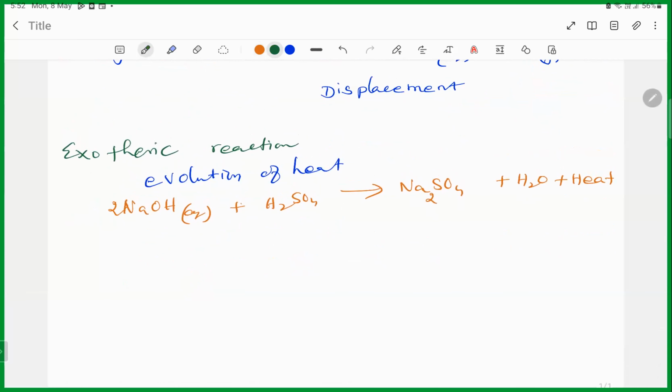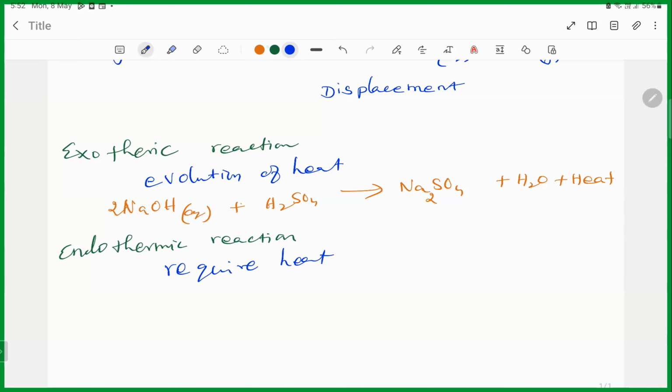So what is endothermic? Just the opposite. There are certain reactions which require heat to occur. Those reactions are called endothermic reactions.